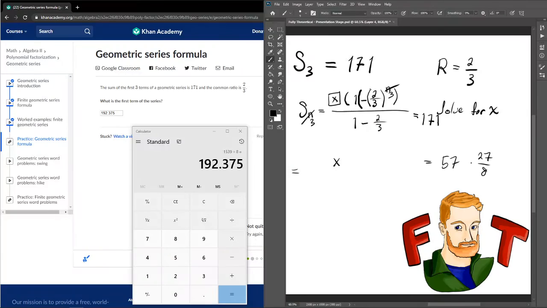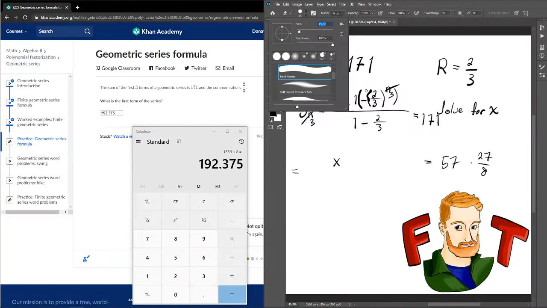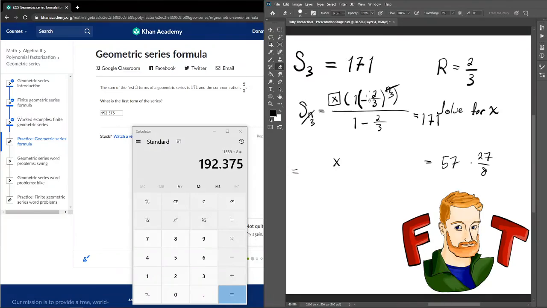If it was here and not here, two-thirds, would that change anything?